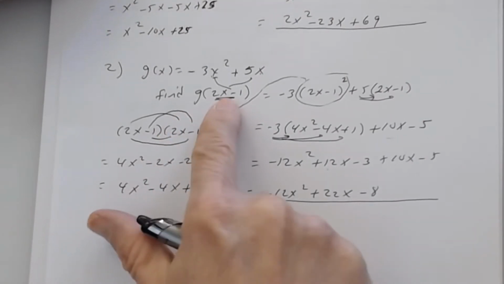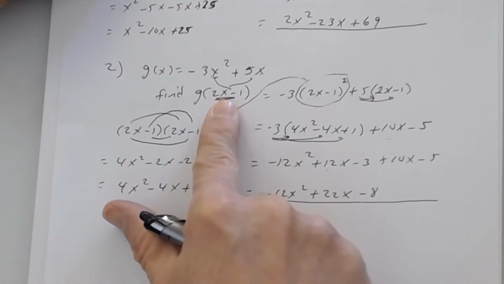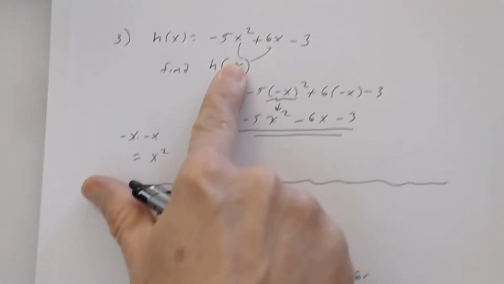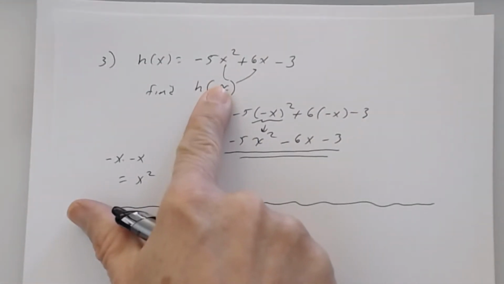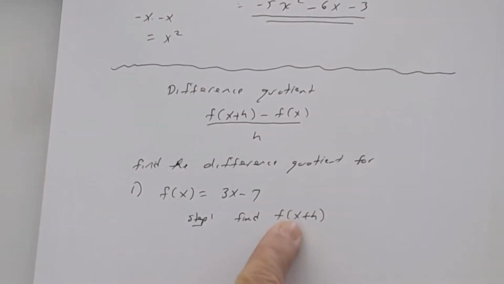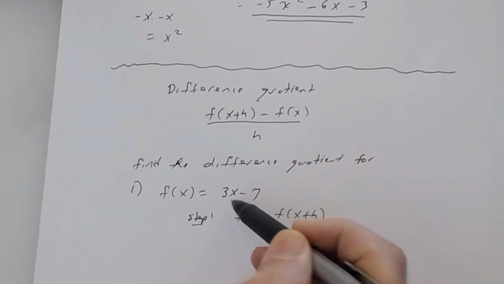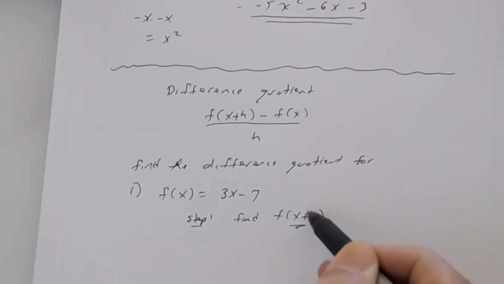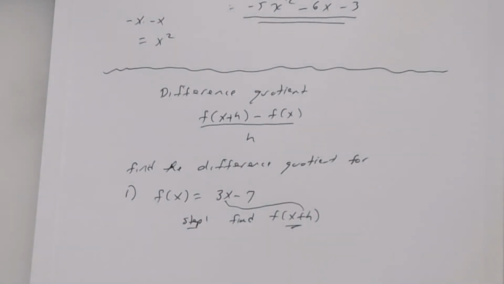We substituted 2x minus 1 wherever we saw the variable x. We substituted negative x wherever we saw the variable x. We substitute x plus h wherever we see the variable x. So wherever I see the variable x here, I'm going to substitute what? X plus h. Same idea.